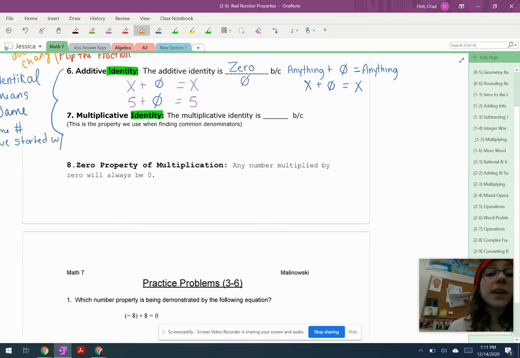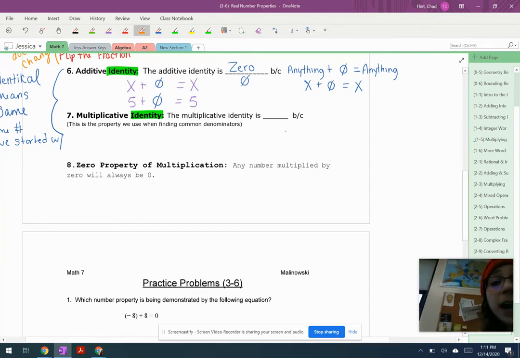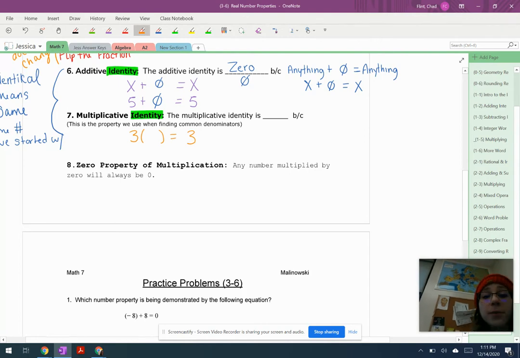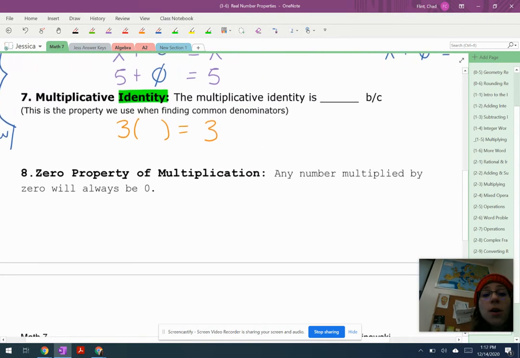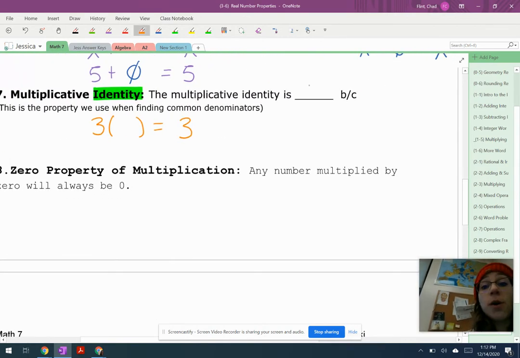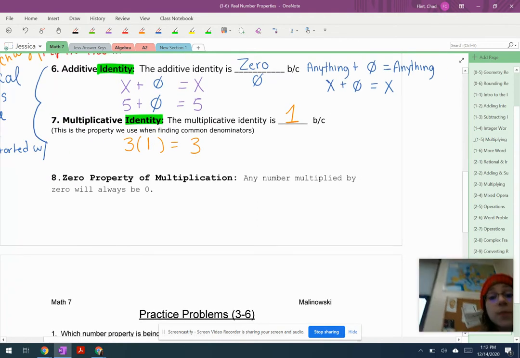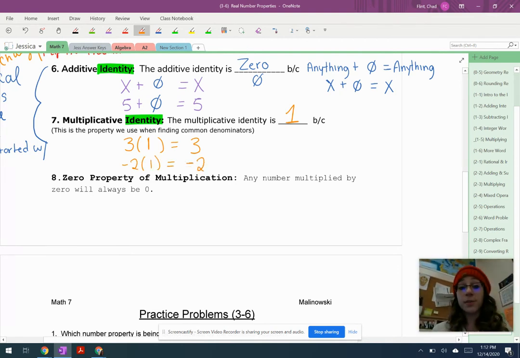Whereas the multiplicative identity is a little bit different. The multiplicative identity is what number can I multiply by? What number can I multiply 3 by and still get 3 back? That would be 1. 3 times 1 gets me 3. Negative 2 times 1 gets me the identical thing back that I started with.